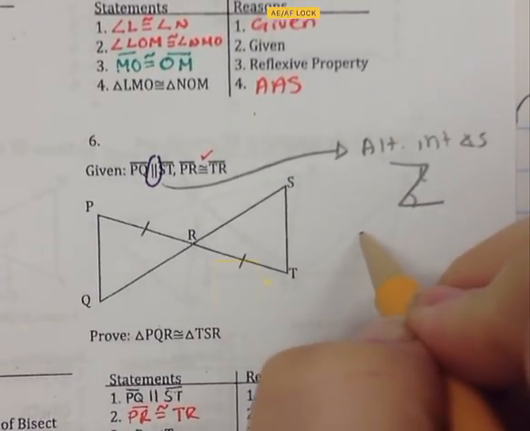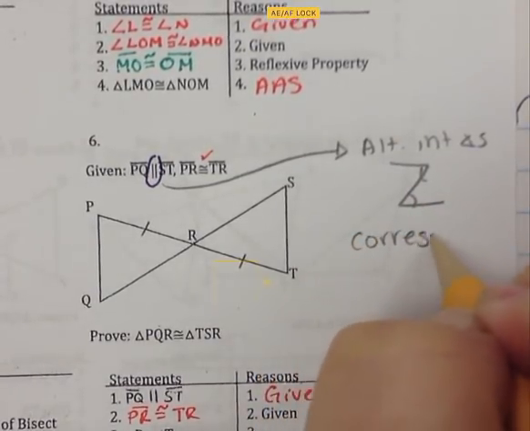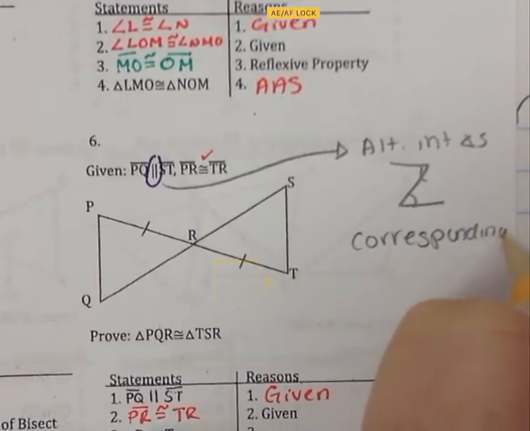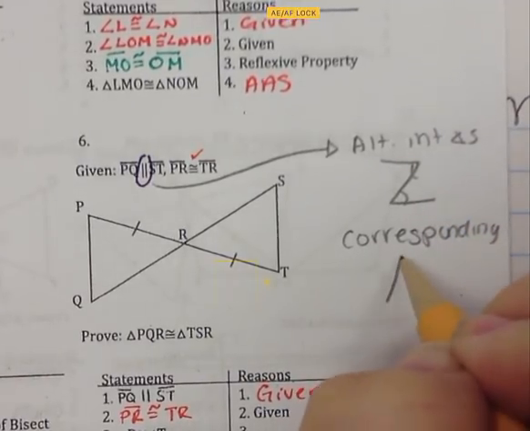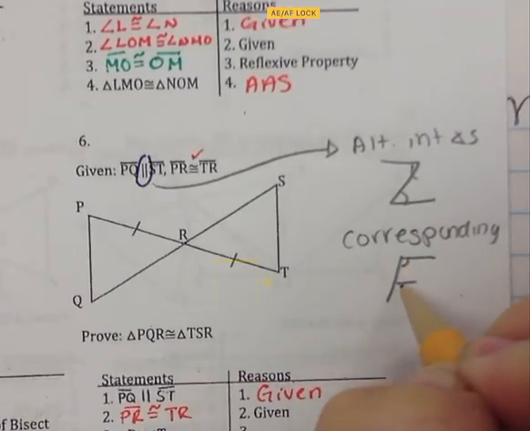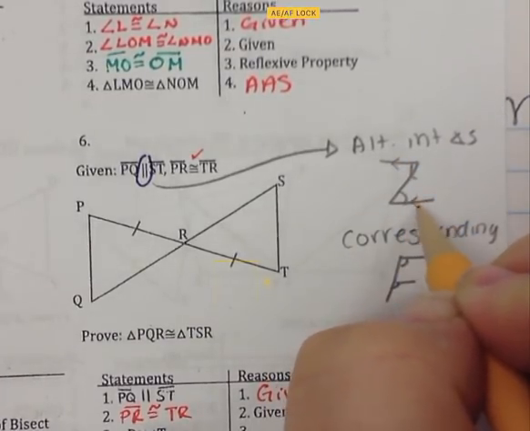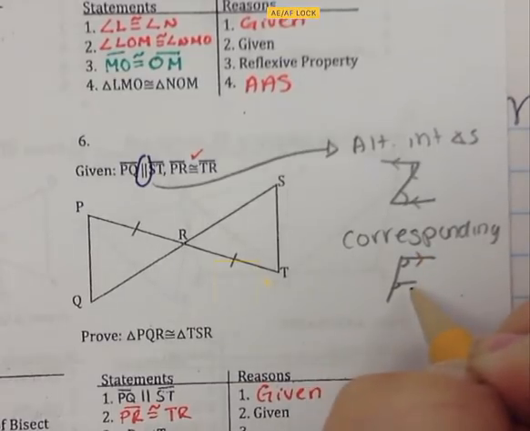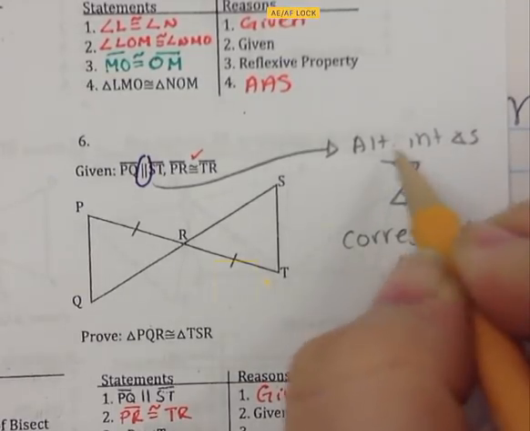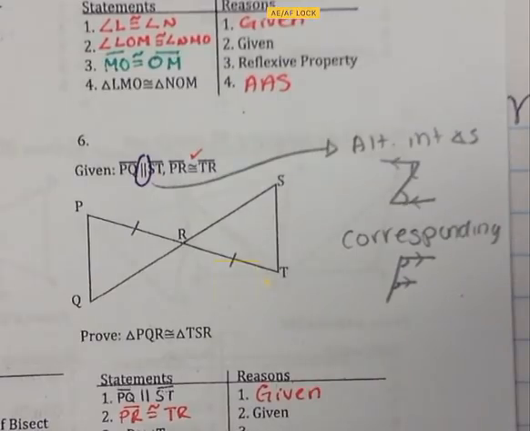We could also be looking for corresponding, which are formed with the F, and those are the corners. Now, again, the parallel parts are the ones that are the horizontal parts. Those are the parts that we're looking for.